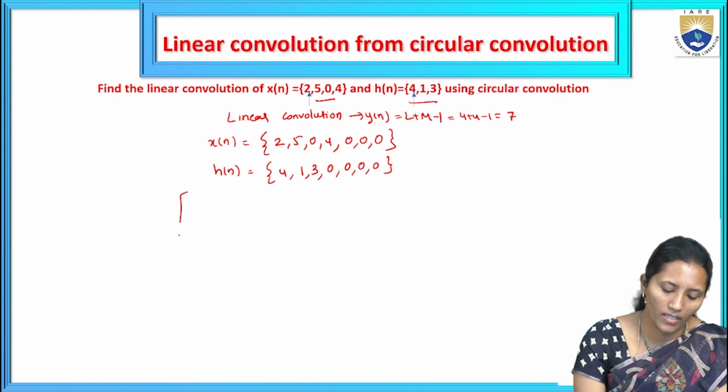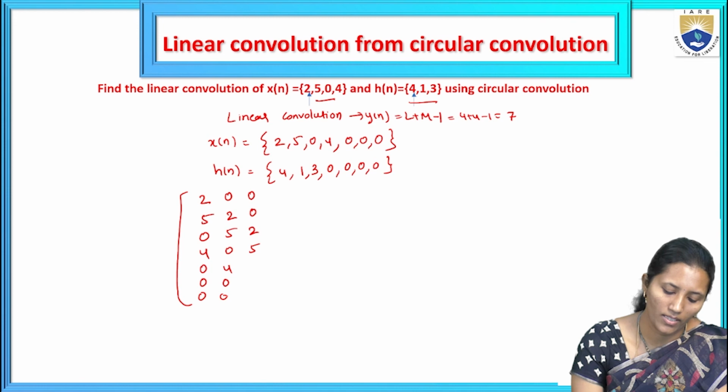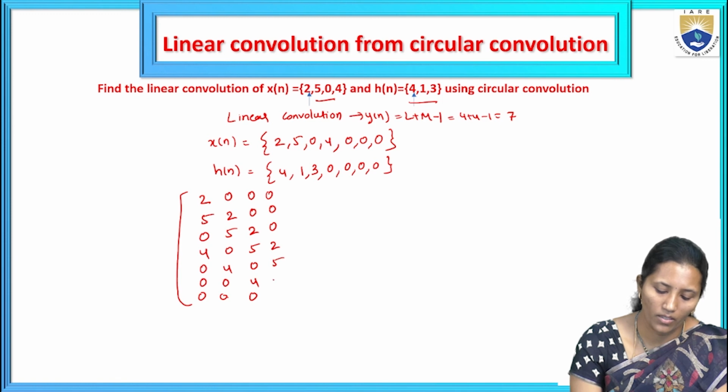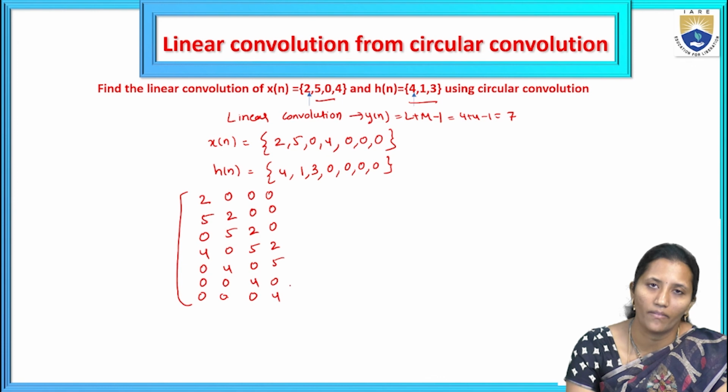Then take the sequence 2, 5, 0, 4, 0, 0, 0 and rotate: 0, 2, 5, 0, 4, 0, 0, again 0, 0, 2. The last sample will come to the first and these samples will come down. So 0, 2, 5, 0, 4, 0, and again the last sample comes to the first, 2, 5, 0, 4. We should repeat this up to the length of y of n, 7 times.